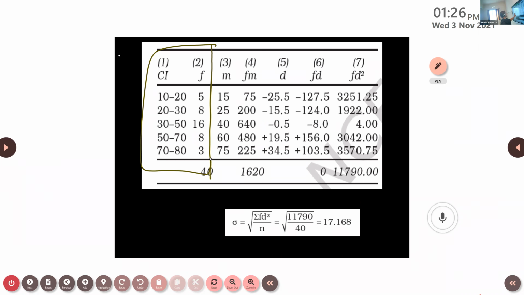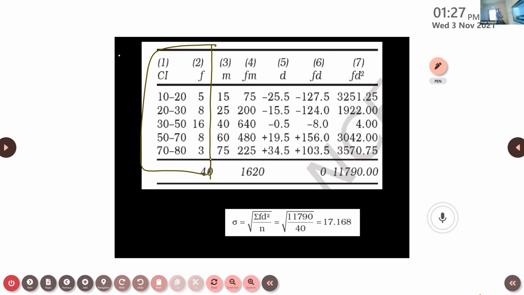And in this, the next column, what is the first thing you have to find? What is the first step which I told you? Mean. You have to get the mean. For that purpose, what you should do?